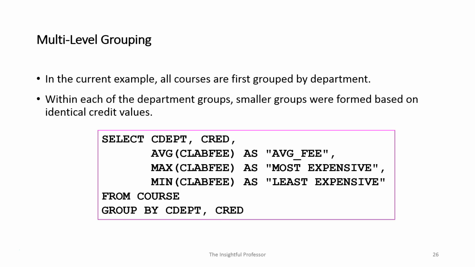Now, this will be important when we look at philosophy and theology, because those two departments each have courses with multiple credits. We have 3 credits and we have 6 credits. CIS has only 3 credit courses. Then we're going to apply the aggregates. Let's fire this up and see what we actually get.